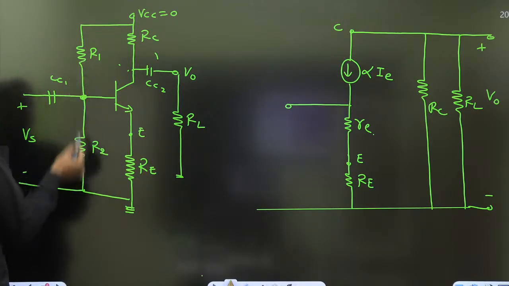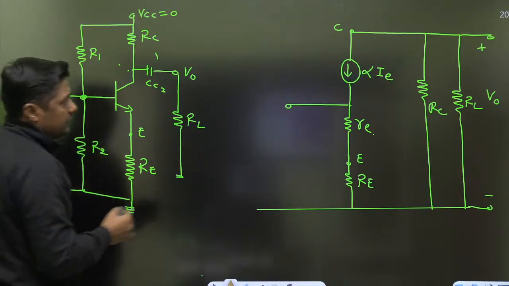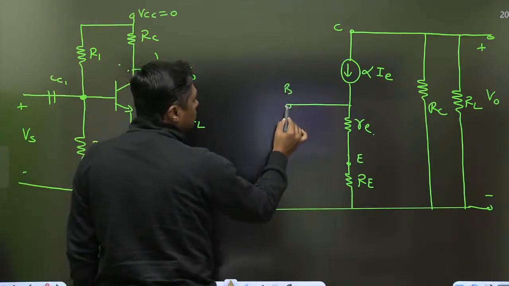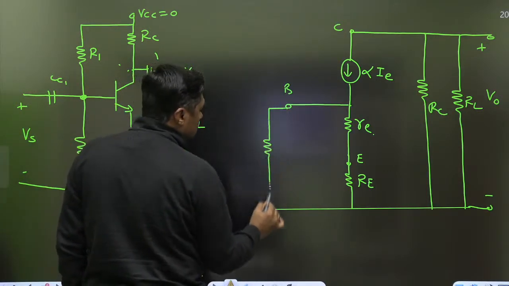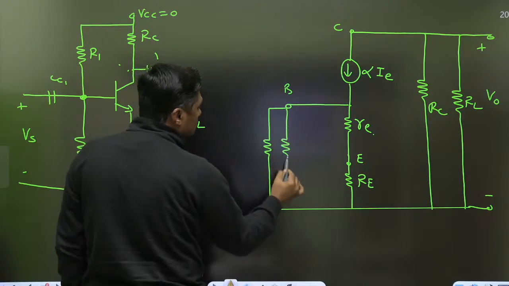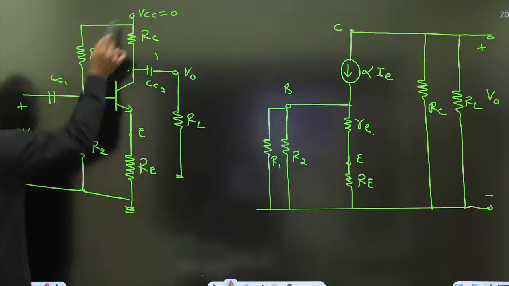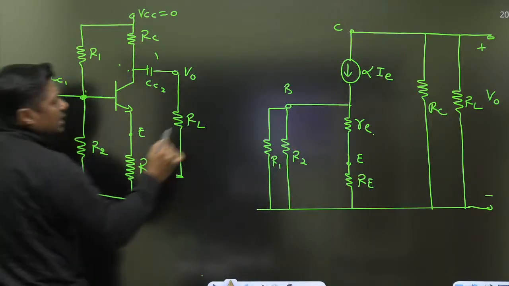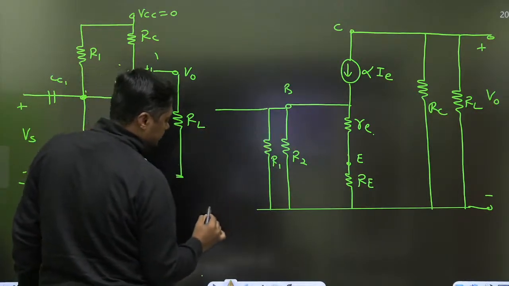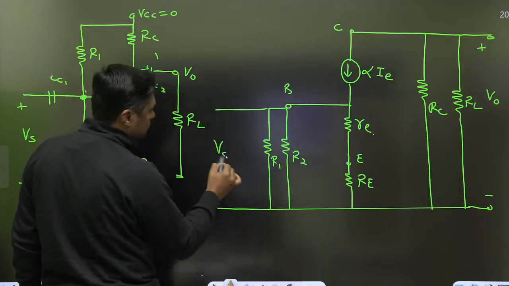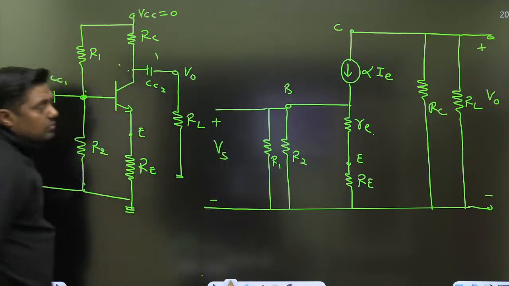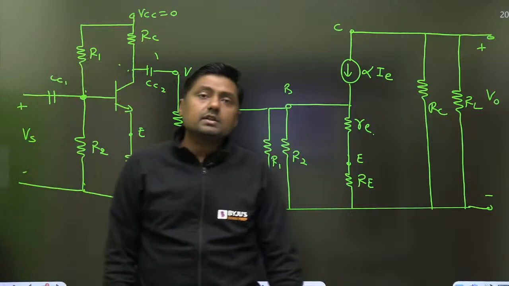So R1 and R2 are connected in parallel, because this is ground, that is ground. Here we are connecting the Vs. Okay, that is about the question.